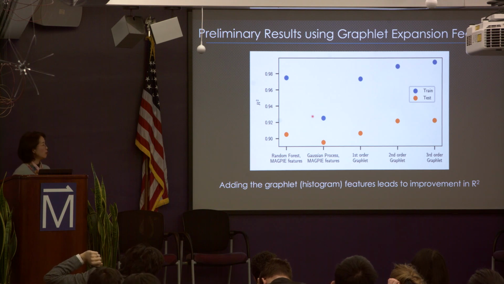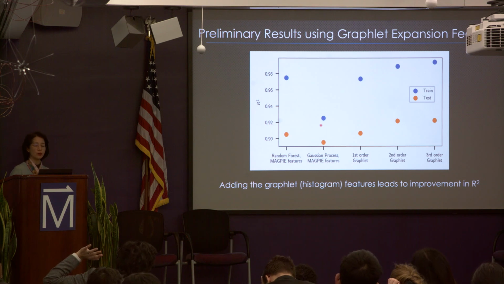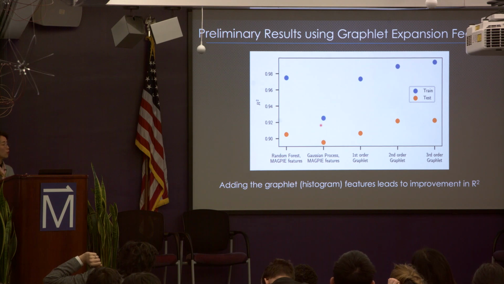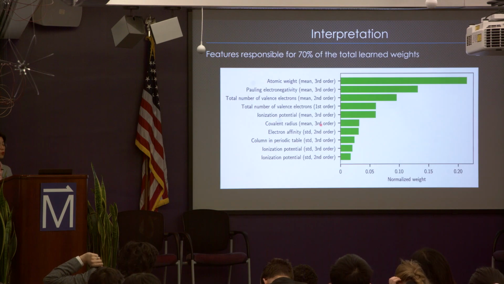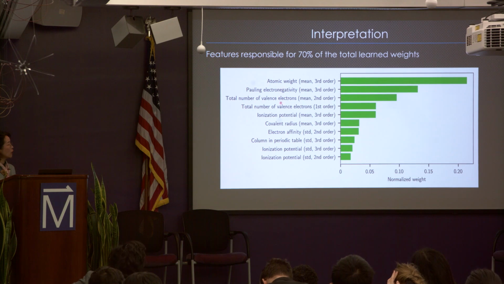Another thing that we are getting by using the methodology that we developed from the earlier work on topological semi-metals is that we have interpretability. Because we have interpretability, we can say which features are responsible for the predictions.